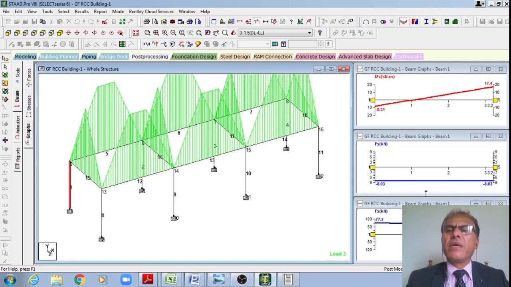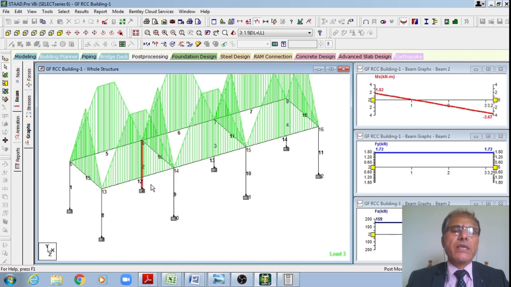Student, please see from STAAD I have just 77 kilonewton axial load subjected to a bending moment of just 8.3 kilonewton meter only, right? From one direction, even from the other direction the same bending moment may be assumed, 8.31, right? Like that, this column is subjected to an axial load of 159 kilonewton subjected to a bending moment from one direction as 1.8.